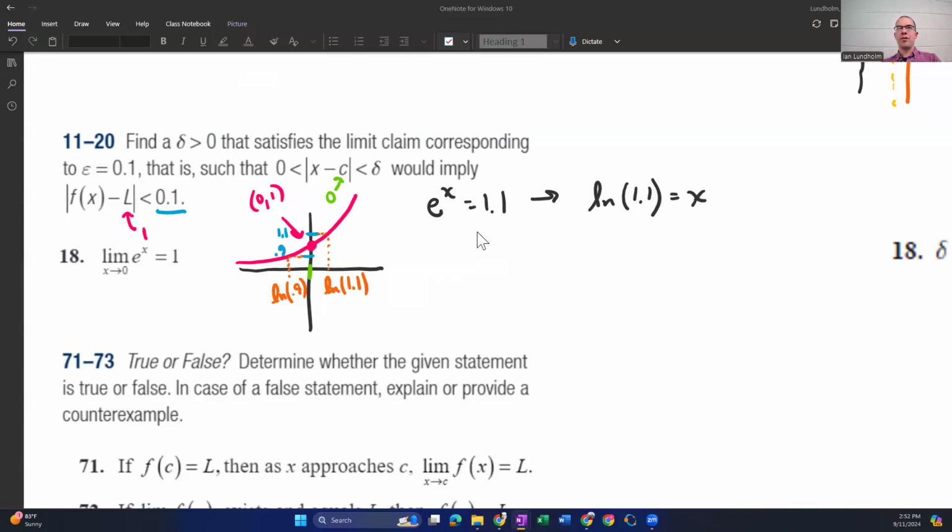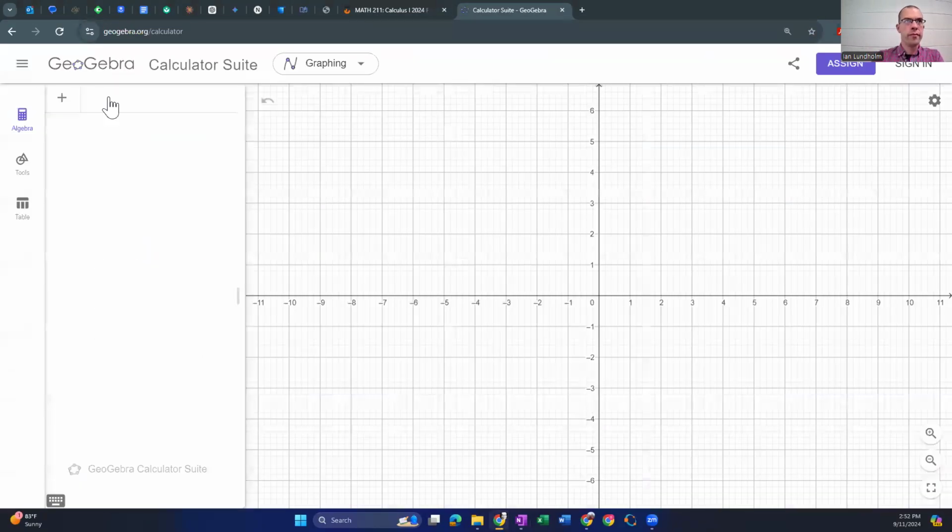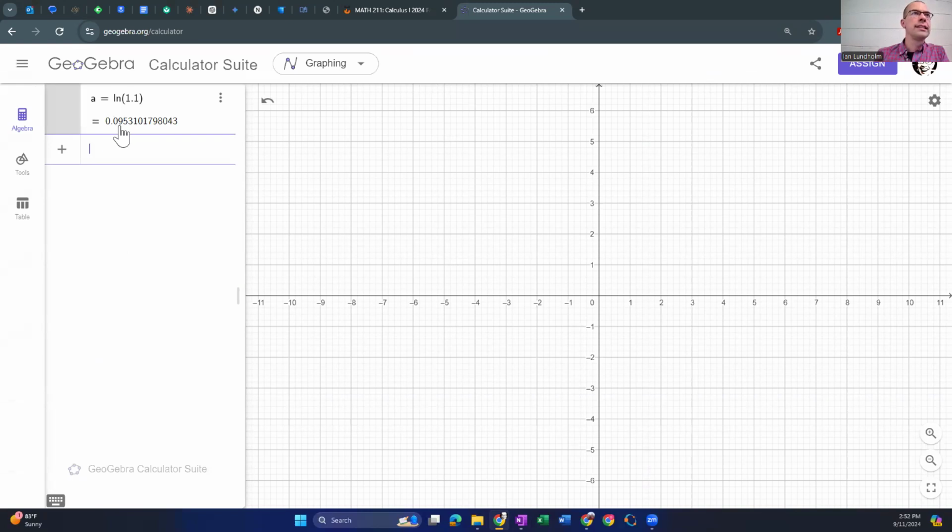And if we went ahead and threw these into a calculator, that might not be a bad idea. Let's go ahead and open this up. Cool. ln of 1.1 looks like we are about 0.09 away, and the natural log of 0.9 looks like we are at negative 0.1.